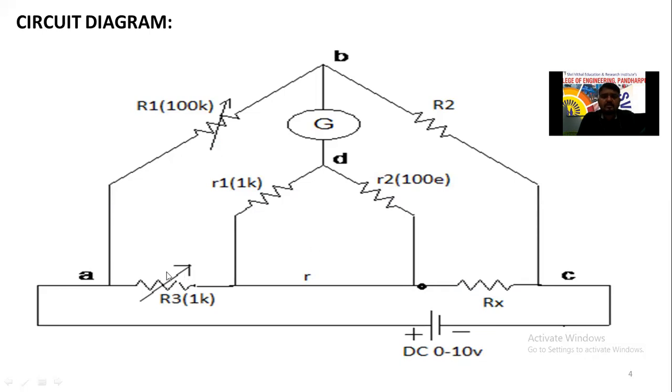Yes, sir. Okay. See here, previously for the Wilson bridge we used only one bridge circuit like this.